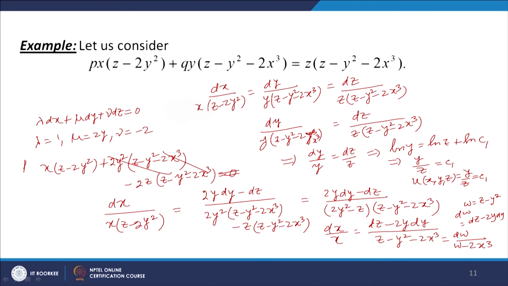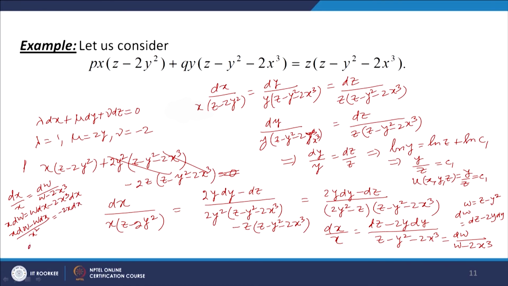So, what I will get, dx by x equal to dw over w minus 2x cube, and what I get, x dw equal to w dx minus 2x cube dx, which I can write as x dw minus w dx divided by x square equal to minus 2x dx.